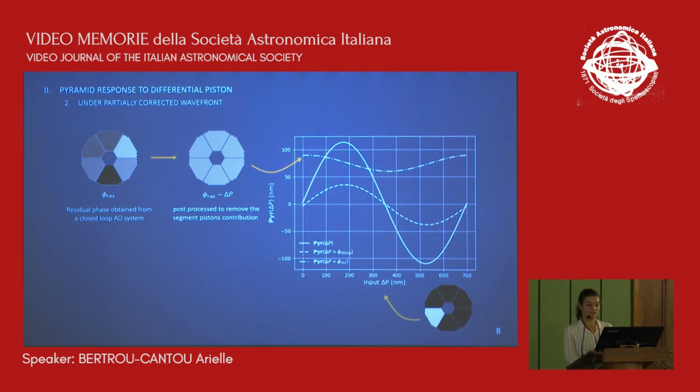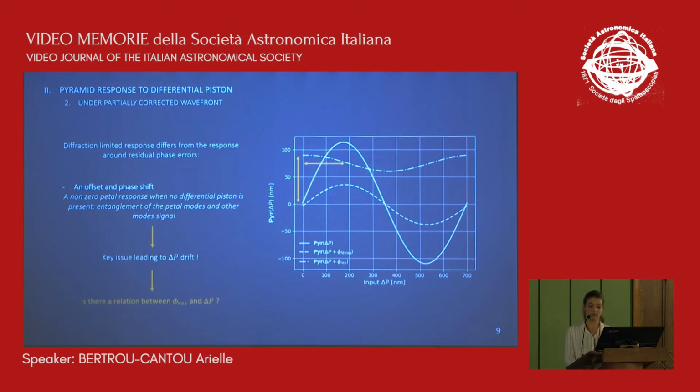And what we see here is that there is an offset, but there is also a dephasing. It means that when there is no differential piston, the pyramid measures a differential piston. So there is an entanglement between the petal modes and the other modes signal. And it's the key issue that leads the differential piston to diverge in the previous plot I showed.